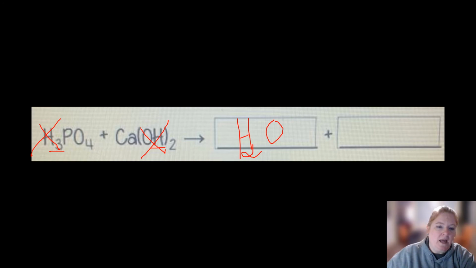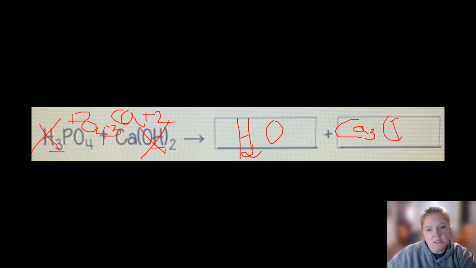I'm going to need the charge of this. This was Ca plus 2. This from table E, I can look that up, is minus 3. So when I write this, it's going to be Ca3 and then parentheses, PO4.